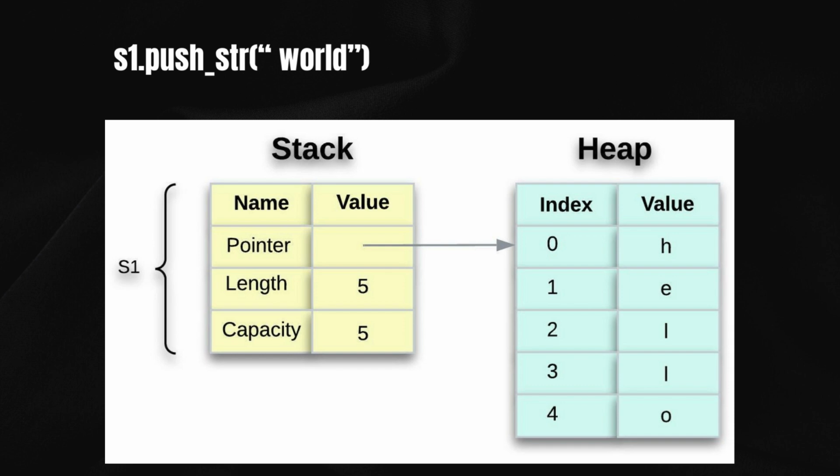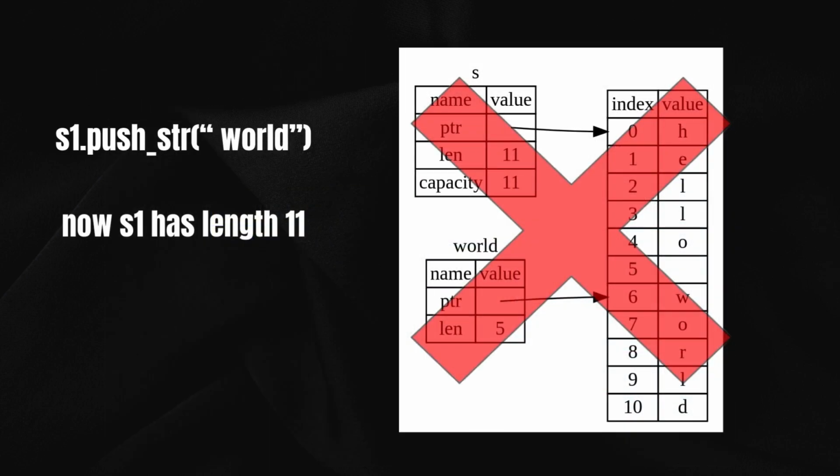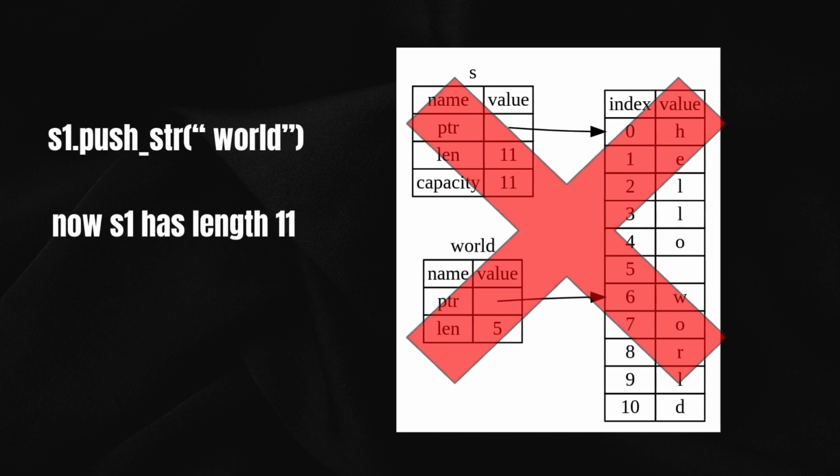This dynamic memory allocation is powerful, but it comes with responsibilities. You, as the programmer, are in charge of managing this memory. When a String goes out of scope or is explicitly dropped, Rust automatically deallocates the memory it was using. This automatic memory management, thanks to Rust's ownership system, helps prevent memory leaks and ensures memory safety.